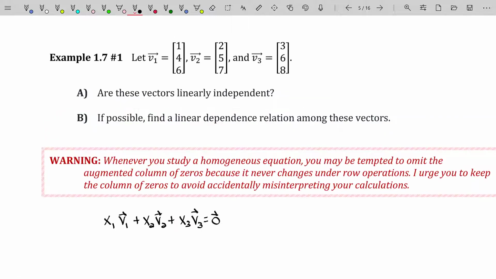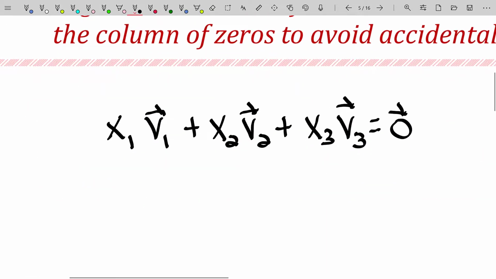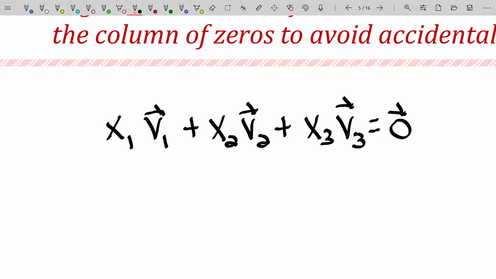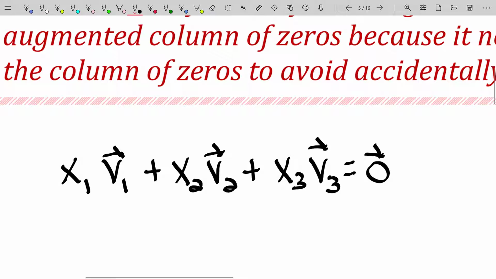Now, those vectors are considered linearly independent if this vector equation right here only has a trivial solution. Another way of saying that is, if I consider all possible linear combinations of the vectors v1, v2, and v3, and the only linear combination that results in the 0 vector is the linear combination where the weights are all 0, then they're linearly independent.